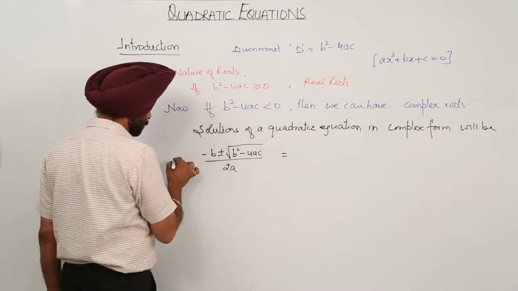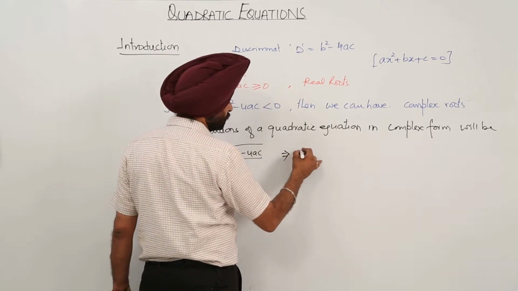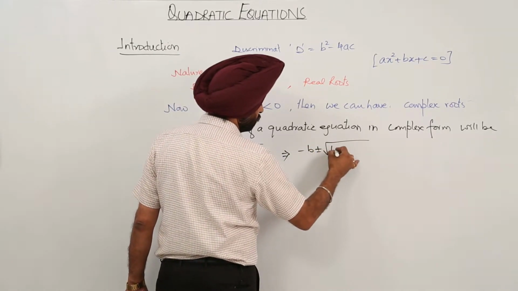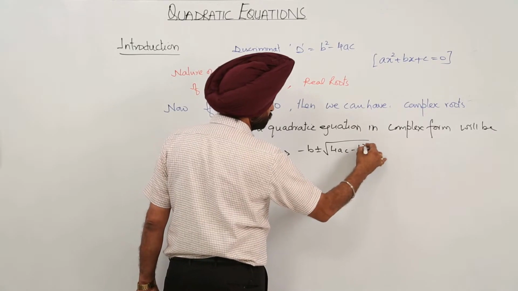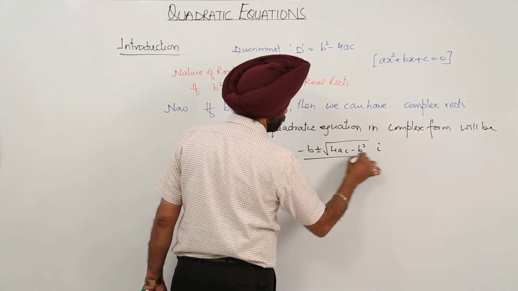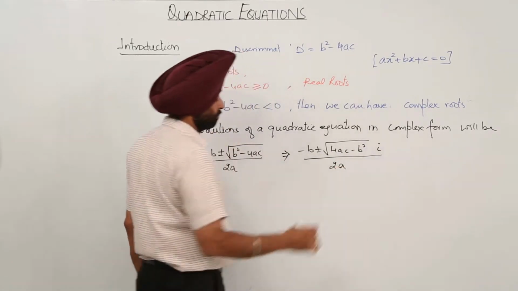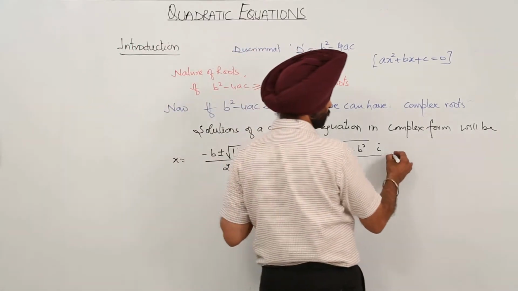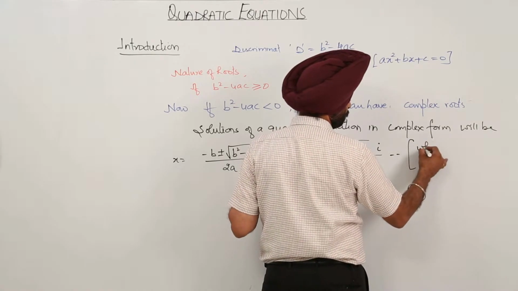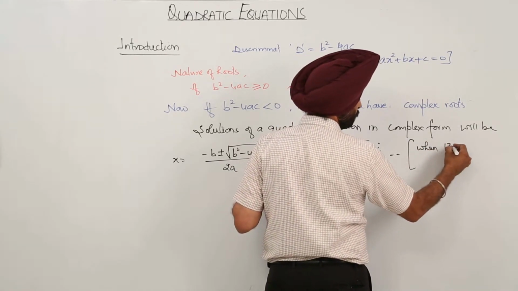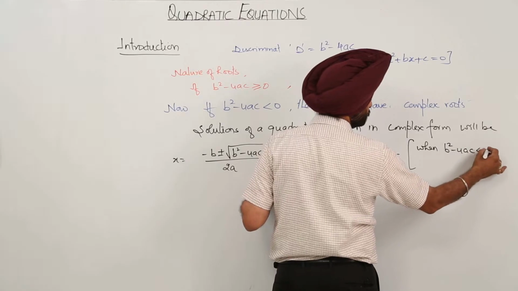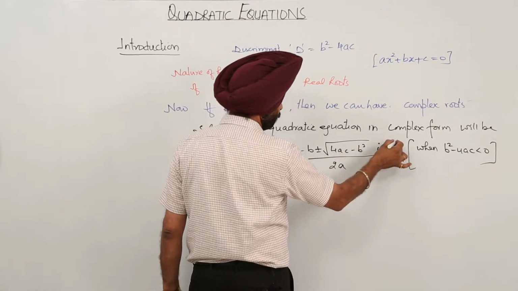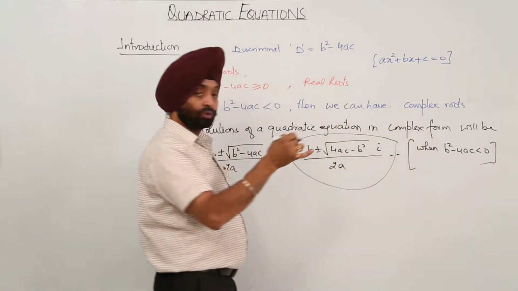Now this will be equal to negative of b plus minus square root of 4ac minus b square, with iota, upon 2a. This is the complex form. When b square minus 4ac is less than 0, then we will have this part. These will be the roots.